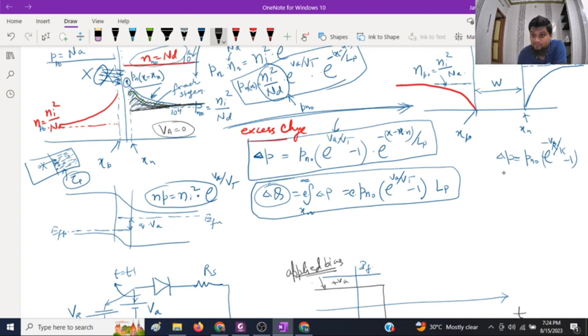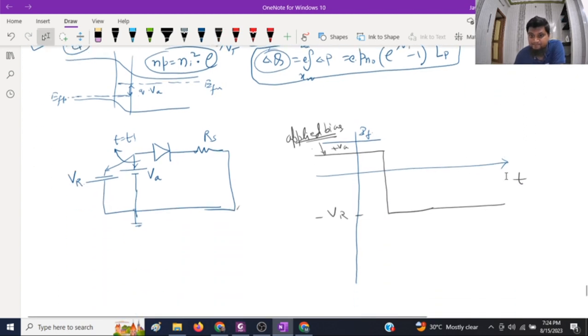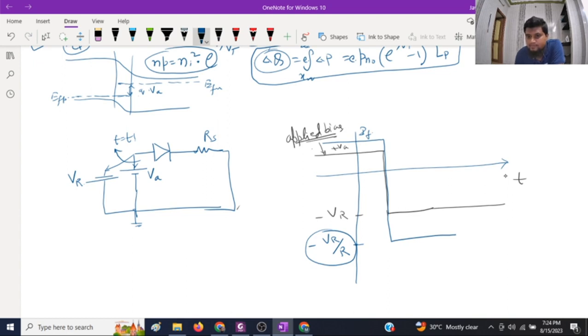After that, we have to come to this stage, and that is why the current over here right now will be exactly decided by the reverse bias and the external resistor, and it will be minus VR by R. That is in blue color. I am just plotting this current.